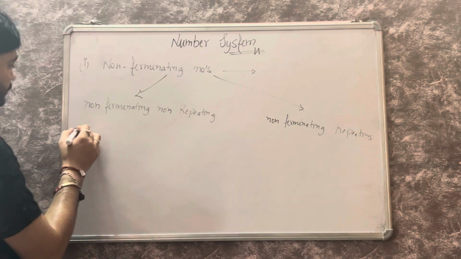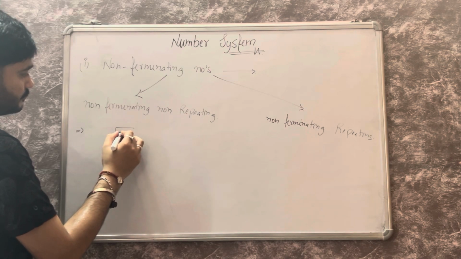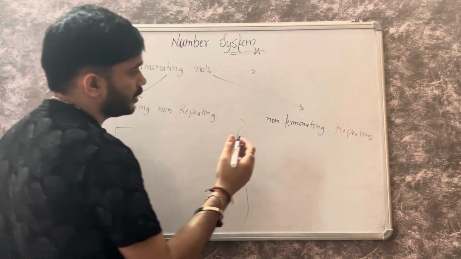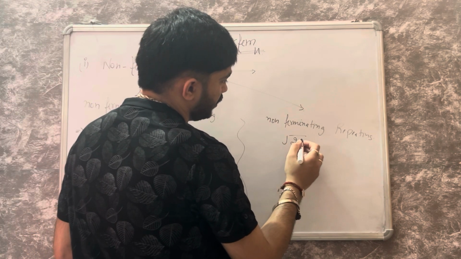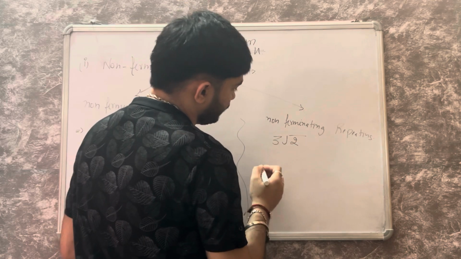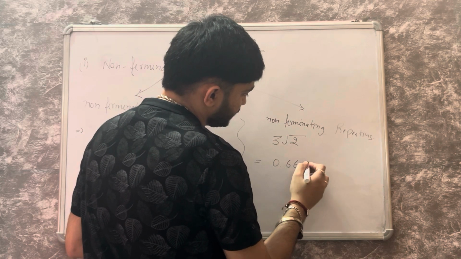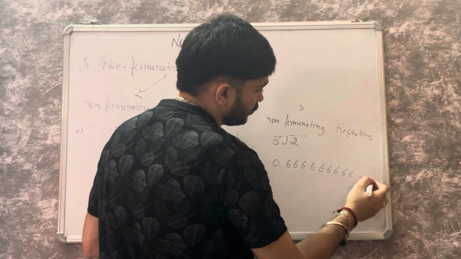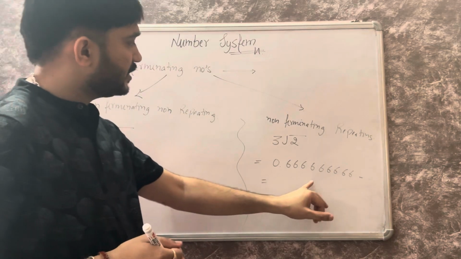Let us see that. Let us understand what are non-terminating repeating first. Let us say you divide the number 2 by 3. You see a pattern: 0.666666666 and so on. And how can you represent this?